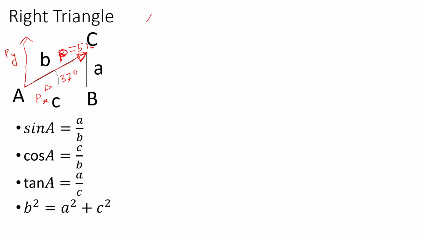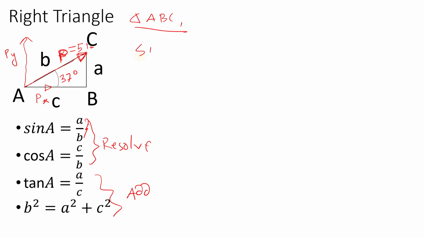So out of this ABC triangle, we have seen this formula before. It's written here. These two are used to resolve forces, and these two are used to add forces. So we're going to be showing both in this video. In this triangle, we can write sine A is equal to A by B. So A is B sine A. B is given, 5 pounds.